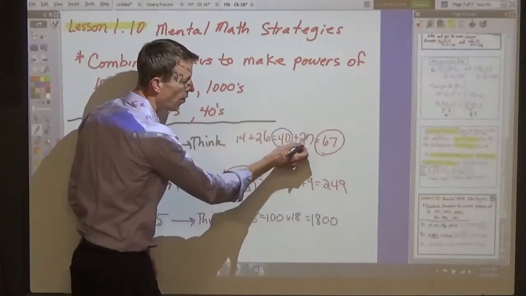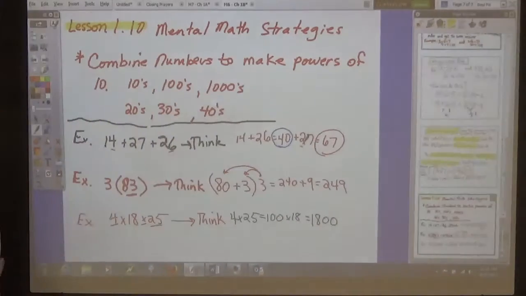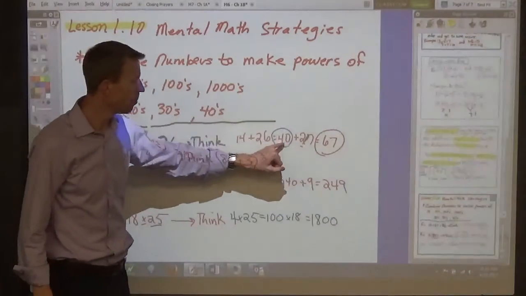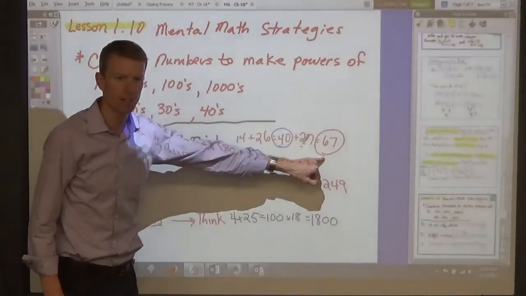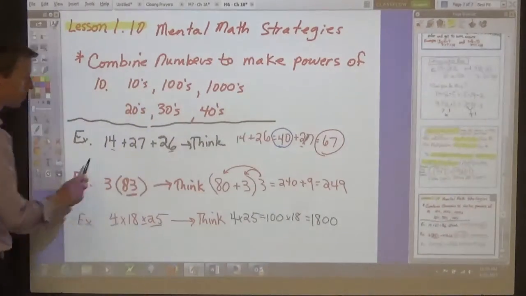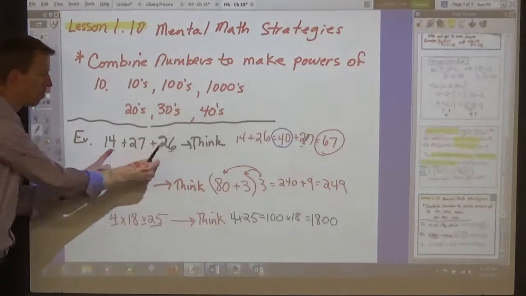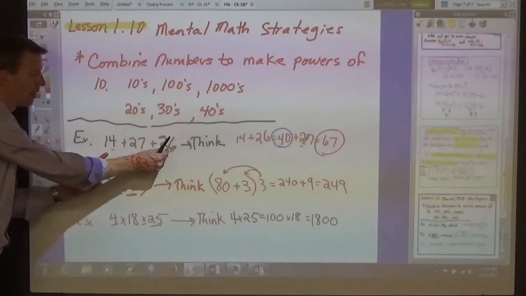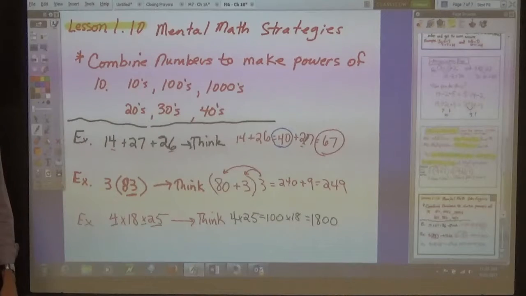And then add 40 and 27 in your head. And 40 plus 27 is 67.